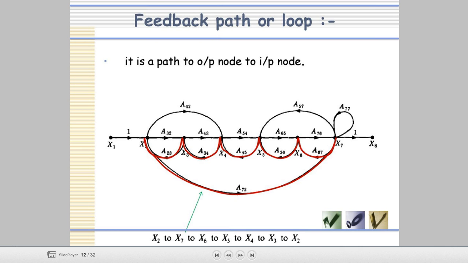Feedback path or loop. Feedback loop, it's a path from output node to input node.